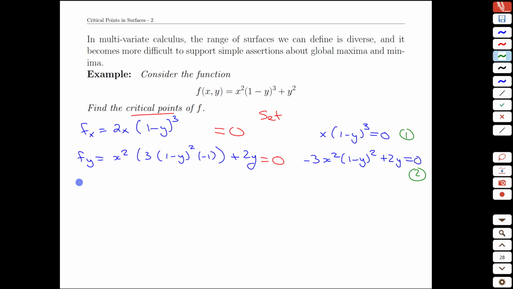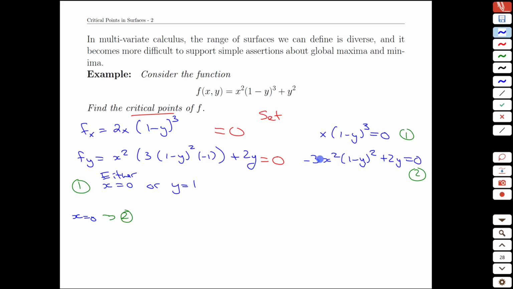Now, equation 1 only has two ways to be solved. It's in factored form already, so either x equals 0 or y equals 1. We can then take each of those and explore whether they solve the second equation. Let's start with x equals 0. We'll put that into equation 2 and see what we get.